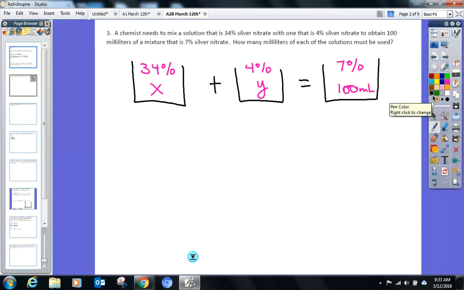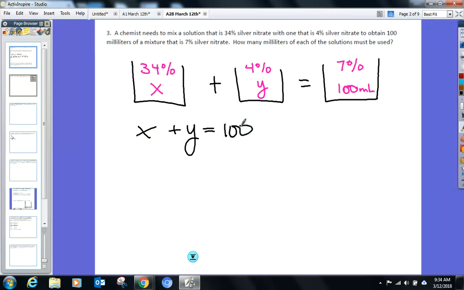So let's talk equations. How many milliliters of each solution, the 34% and the 4%? First one, how many total milliliters do I have? So x plus y equals 100 milliliters. The second equation comes from the percentages. So what am I going to do with the 34%? 0.34x plus 0.04y.